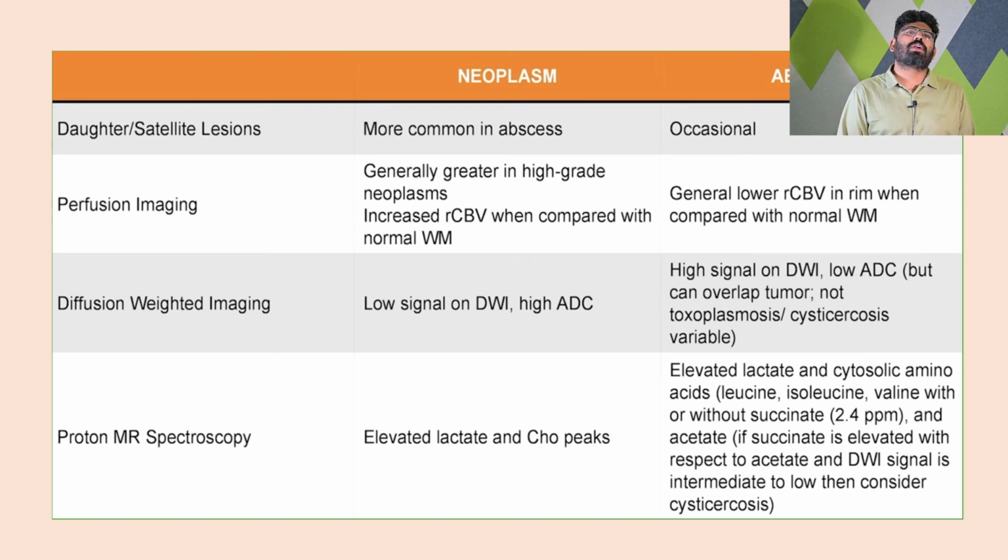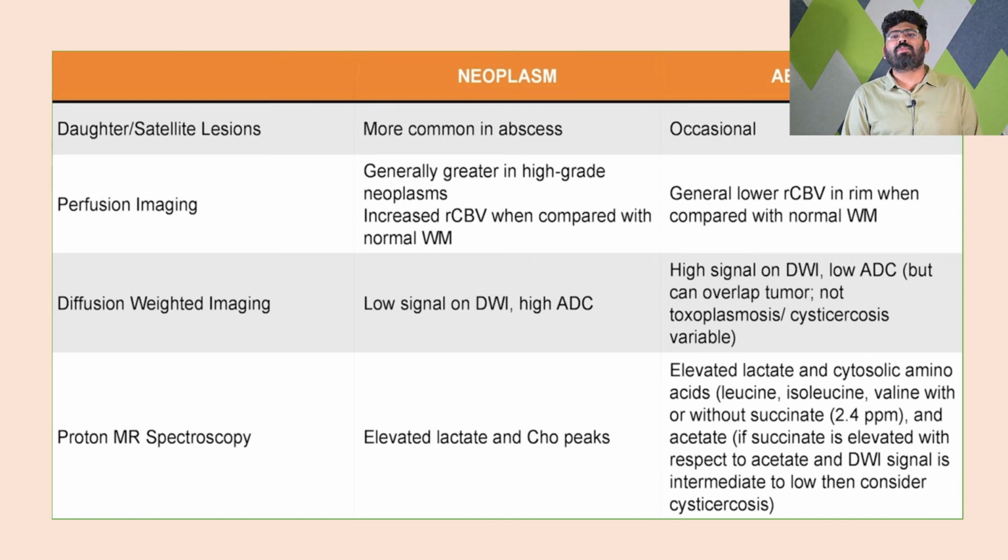And diffusion restriction, as I told, there is low ADC in abscess, but it can overlap with tumors, toxoplasmosis, and sarcoidosis. Sometimes it can overlap. And MRS: in neoplasms, the choline and lactate peak will be very high.